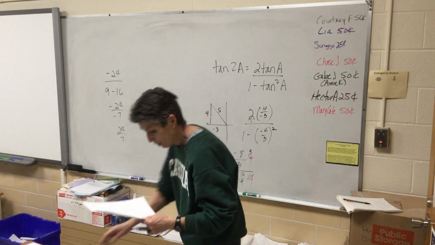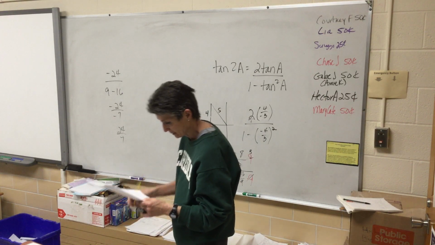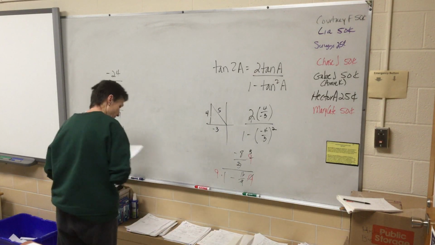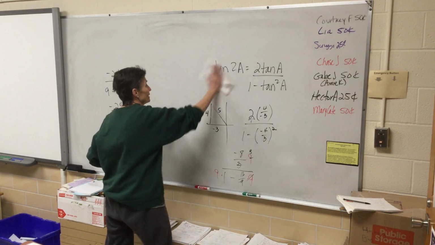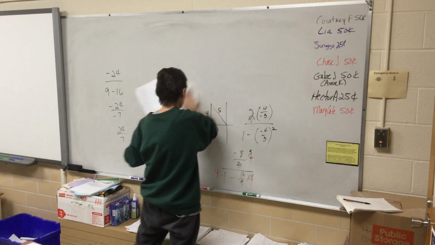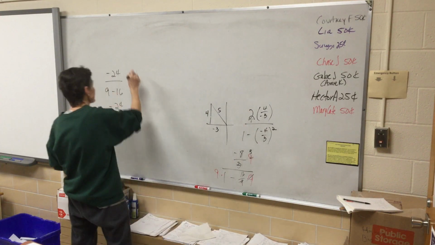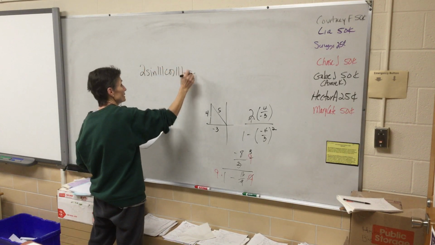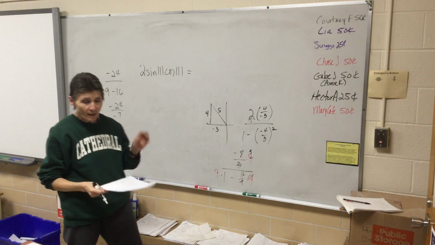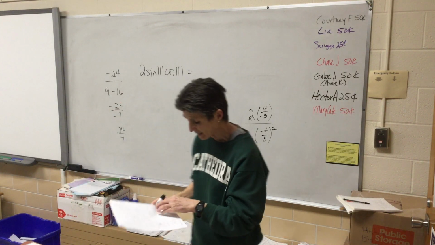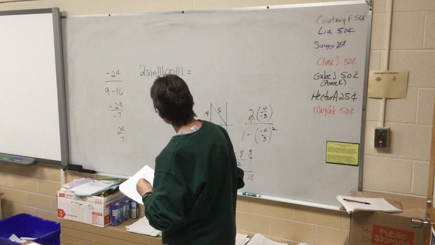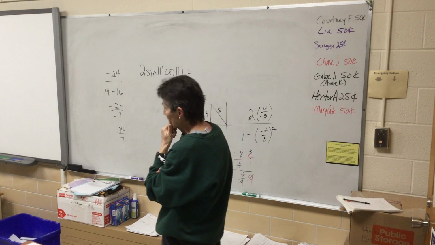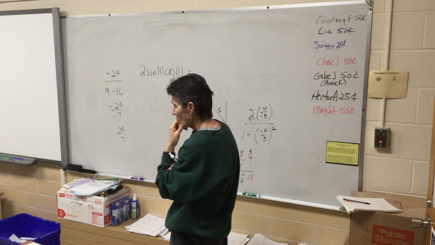All right, let's look at part 4, and let's look at letter C in part 4. It says 2 sine 111 cosine 111. Now remember, these ones that look like this, where you've got this expanded thing and you have to simplify it, you're either going to recognize the formula from your memory or you're going to recognize it on your note card.